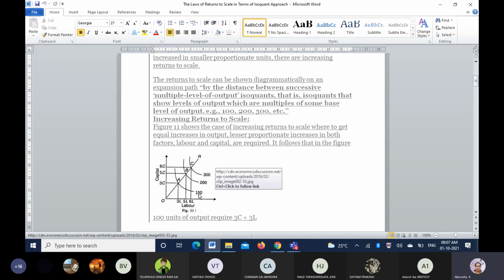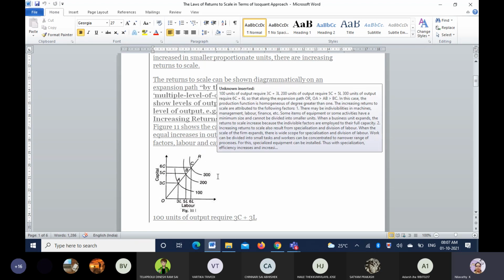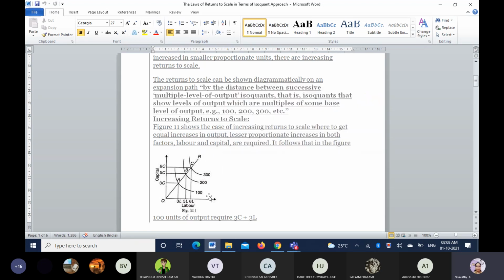So isoquant 1 can produce 100 units, isoquant 2 can produce 200 units, and the next isoquant 3 can produce 300 units. So you can see that to produce the first 100 units, the inputs used in the production process are 3 units of capital and 3 units of labor.